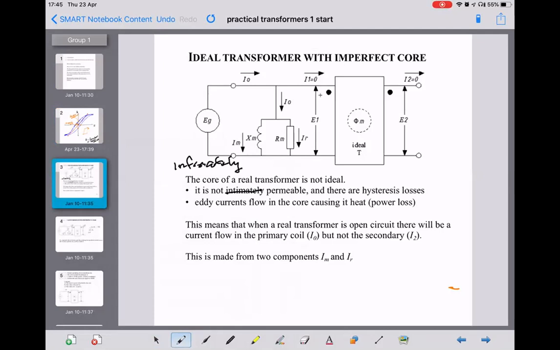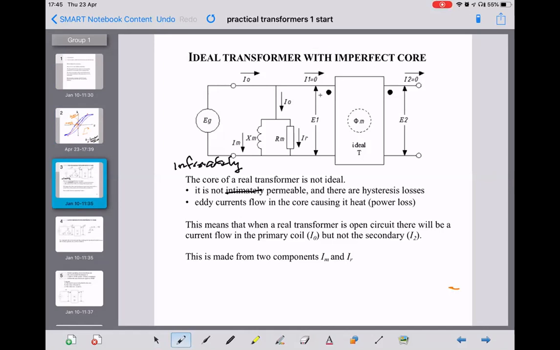So that should say infinitely permeable. And there are hysteresis losses, and there are eddy currents that flow in the core, causing it to heat up, power loss. So when we have a real transformer open circuit on the secondary side, there'll be a current flow in the primary, which I've labelled I0.